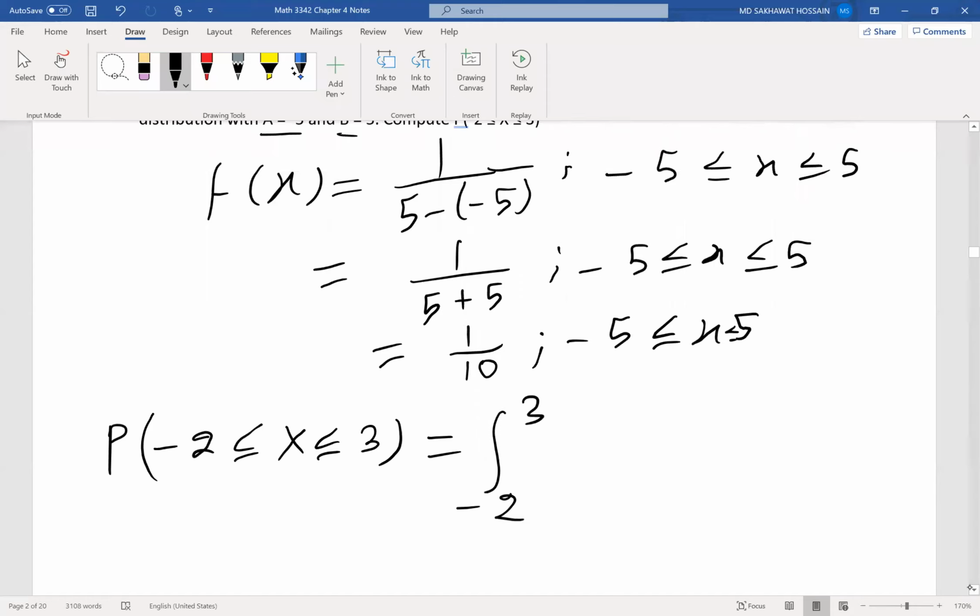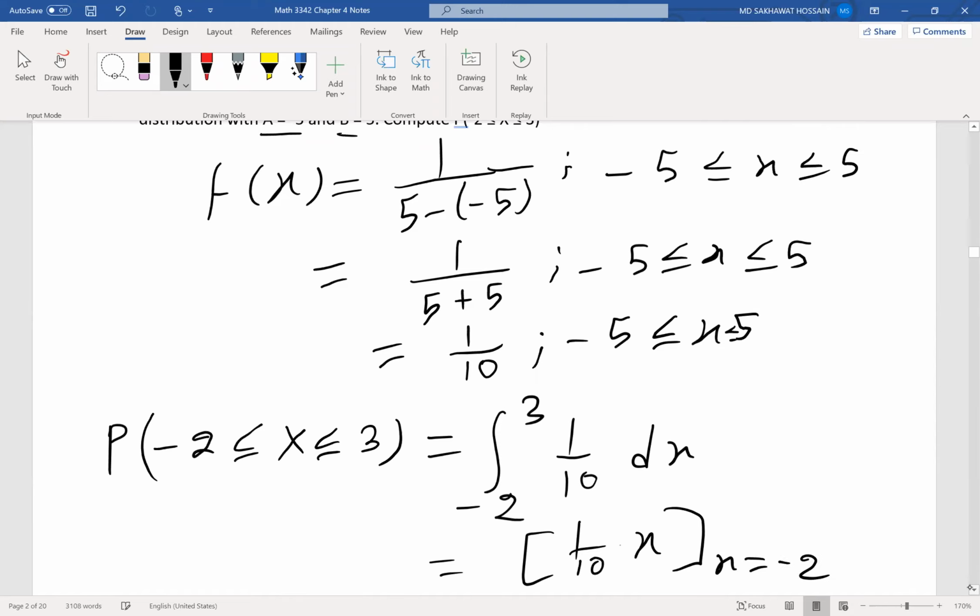And -2 and 3 are between -5 and 5, so that's why you can consider -2 to 3. So the density function is 1 over 10 dx. So then it will be 1 over 10 times x, and x is from -2 to 3.